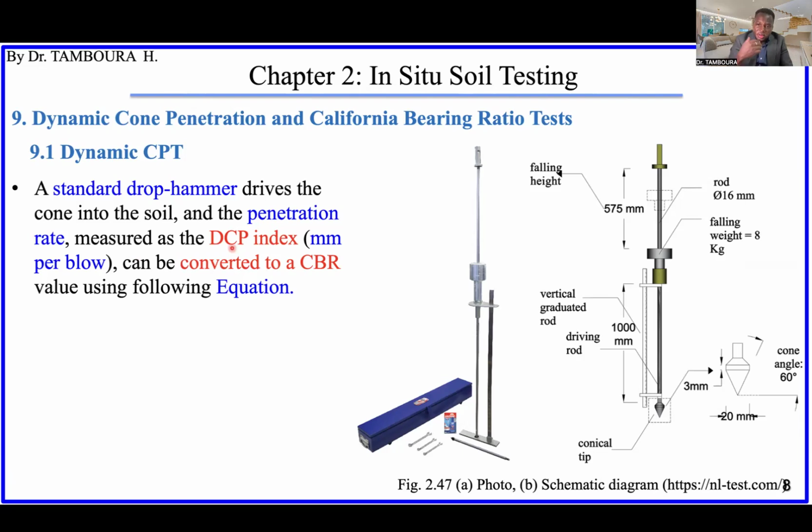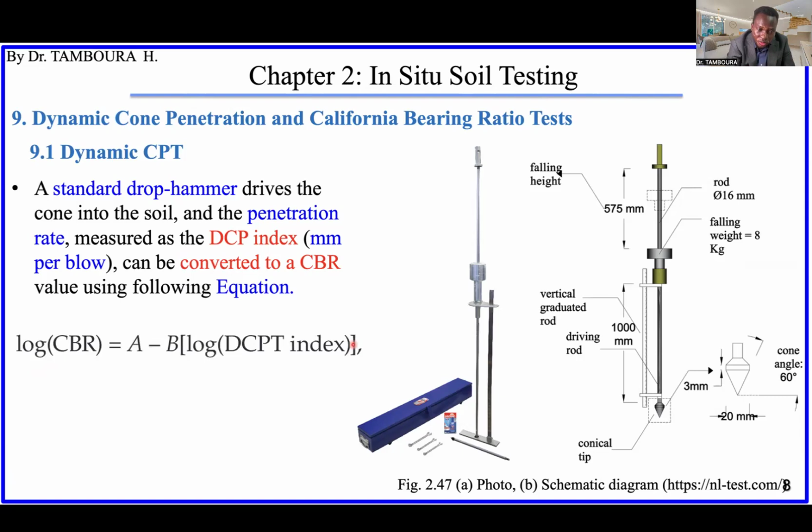Okay, and what is interesting here, and the reason why we want to link it to the CBR, the Californian bearing ratio, is by converting this DCP index. This DCP index can be converted to the CBR value by using this equation. Okay, we will come back to this equation later, but you can see here the DCP index.